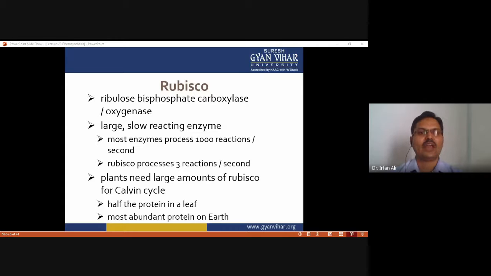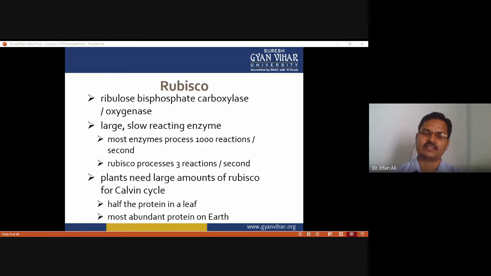This is a large enzyme and a slow reacting enzyme. Most enzymes process 1000 reactions per second, but Rubisco processes three reactions per second.